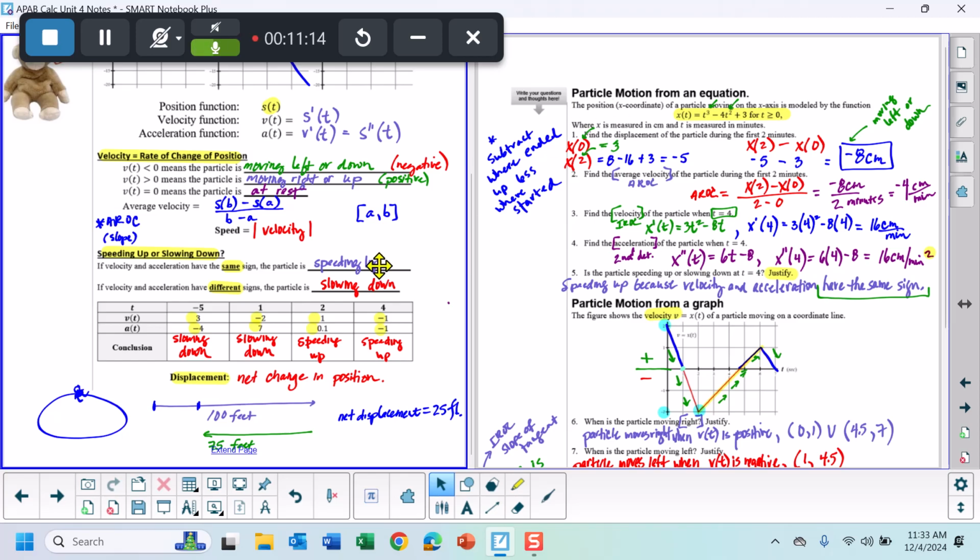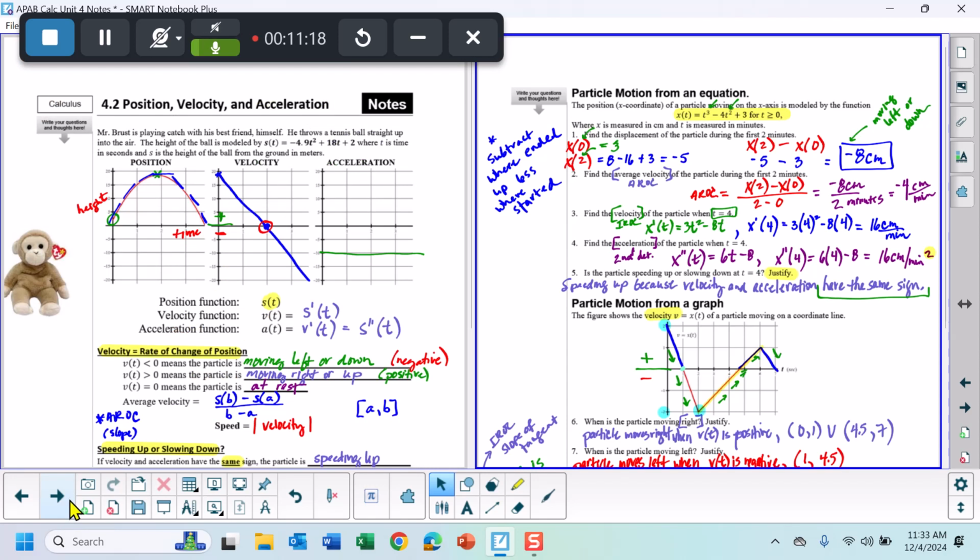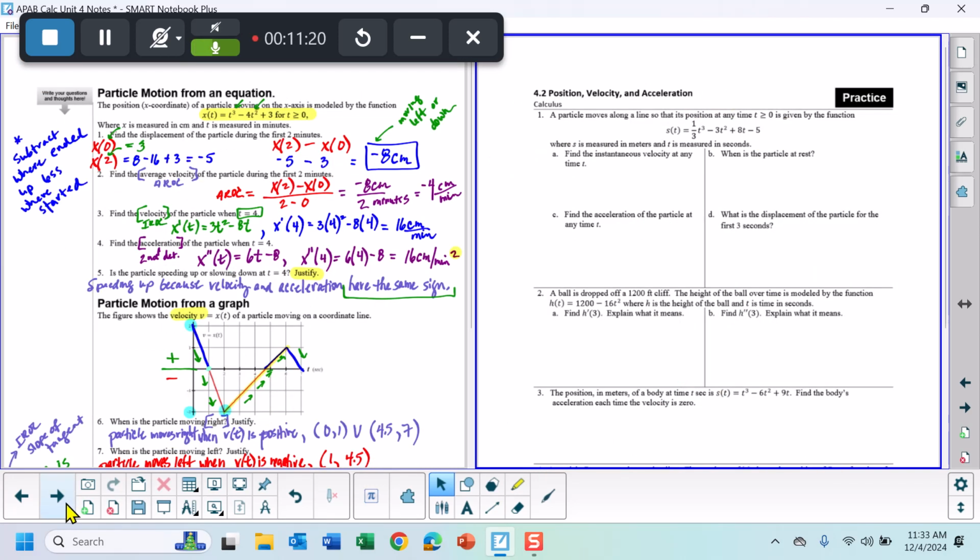So that's an important conversation. For some reason, the word particle just gets me. It takes me to like chemistry or physics, and I would much rather stay in calculus. So if it's easier for you to think about the beanie traveling or a car traveling or something like that, it's anything that's in motion. The biggest thing here is that we understand that if our velocity is negative, that just means that I'm moving in a left or downward motion.